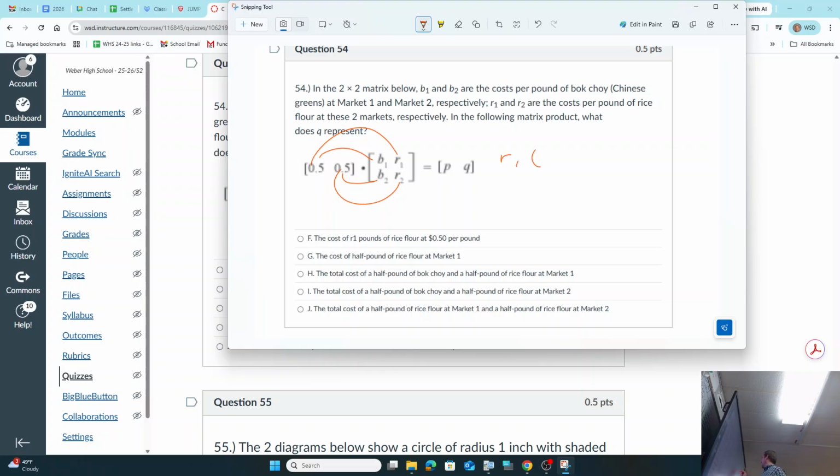So R1, which is rice, is being cut in half, and R2 is rice, being cut in half. And so the total cost of half a pound of rice for market 1, and also half a pound for market 2. So the answer to number 54 is J, I think. Yeah, 54 is J.